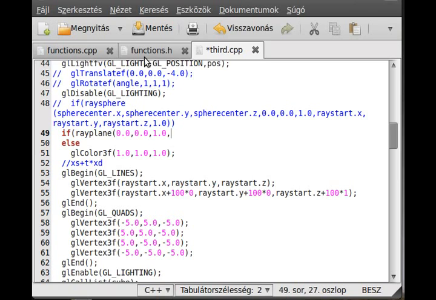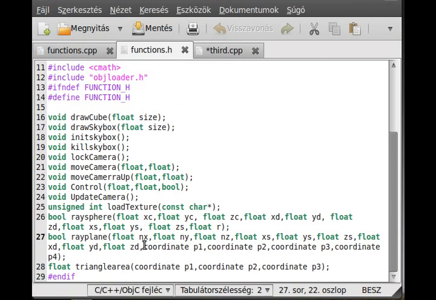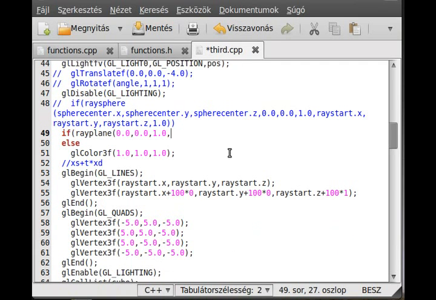Okay, and then the next parameters are the start point of the ray. This will be the ray start.x, ray start.y, and the ray start.z.